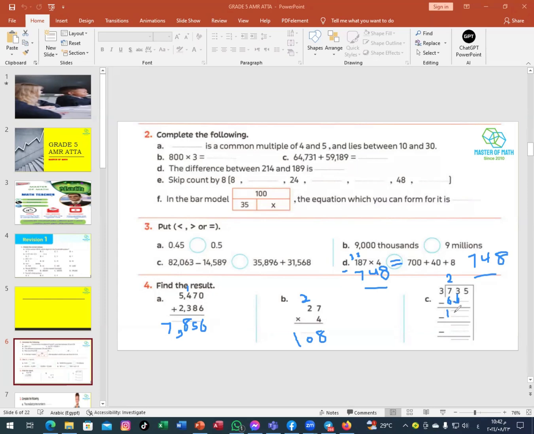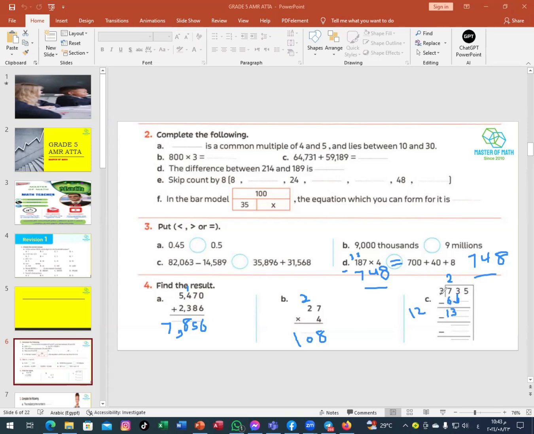And I put 3. It's the turn of 3 to come down here to become 13. 13 doesn't divide by 3, so I have to go back down to find a number smaller than 13 but divisible by 3.